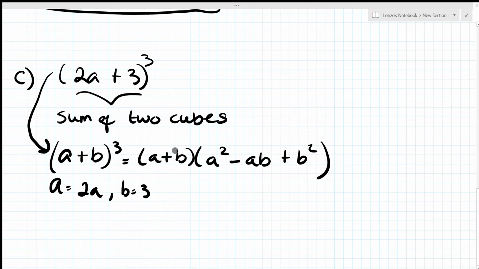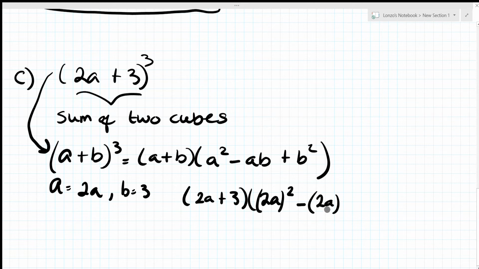Now we're just going to make it look like the right. It's going to be a, which is 2a, plus b, which is 3, times a squared. I'm not going to do it all at once, I'm just going to do 2a, then you have to square that, minus a times b, which is 2a times 3, plus b squared, so our b is 3, so you've got to square that. Now we can simplify.